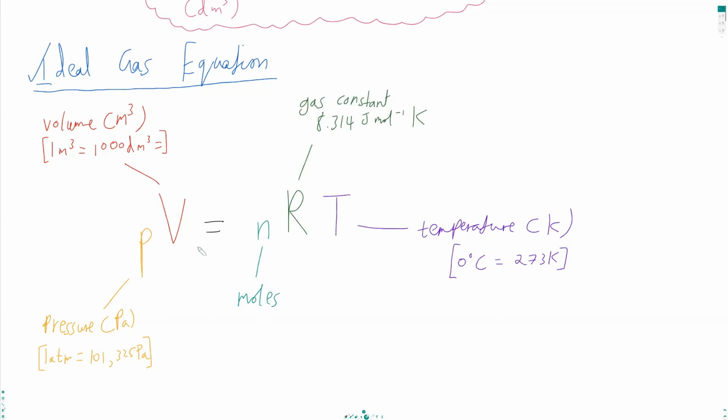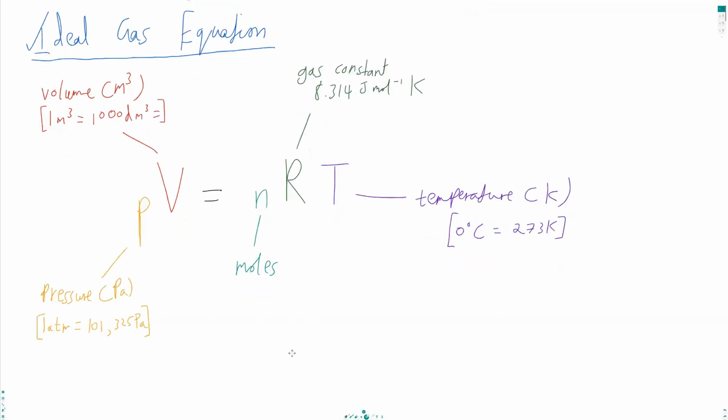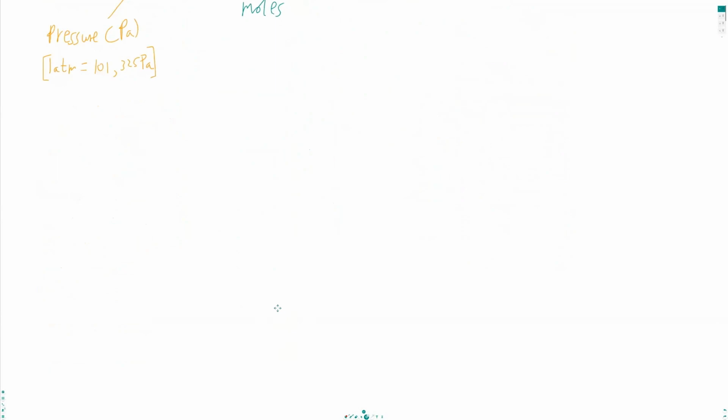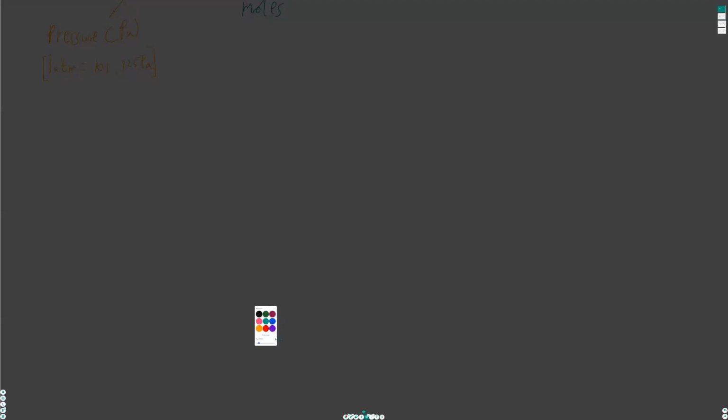So let's do an example. I think I have a ChemCalc video on this planned, but I apparently set it for after the next video's ChemCalc. So we'll see. So this is the ideal gas equation. We'll do one word example.